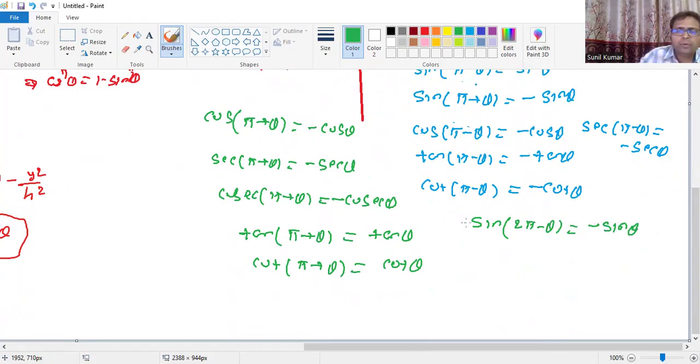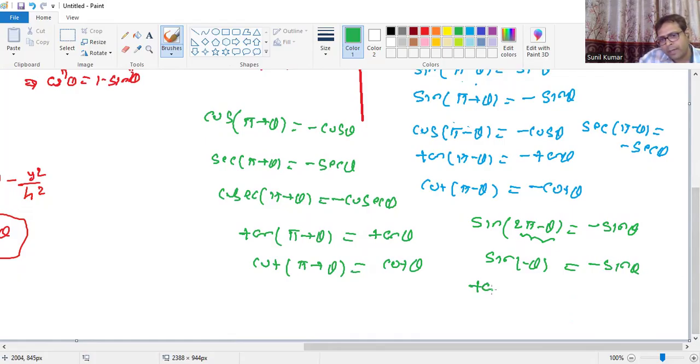Because in the fourth quadrant sin theta is negative, only cos and sec are positive. So sin(2 pi minus theta) is minus sin theta, and the same for this angle, sin(minus theta) is minus sin theta.